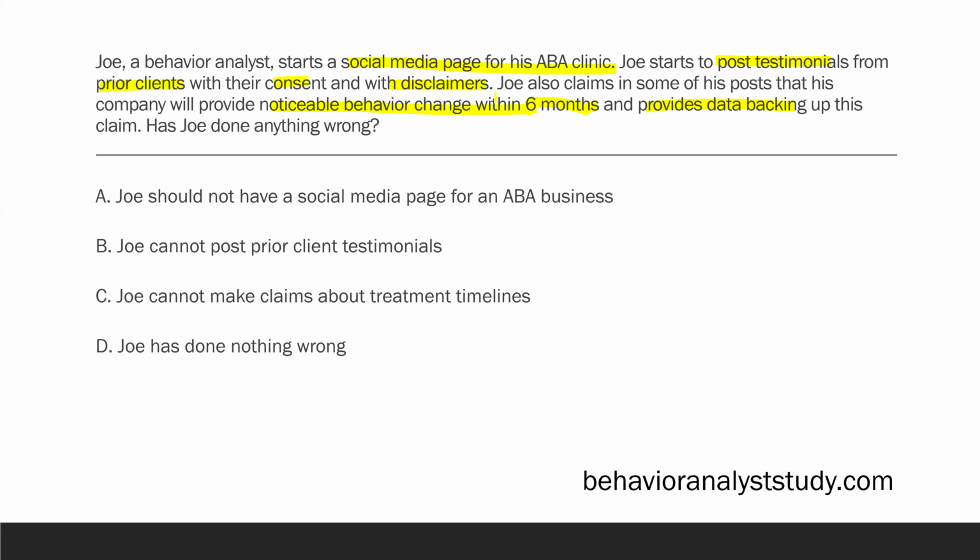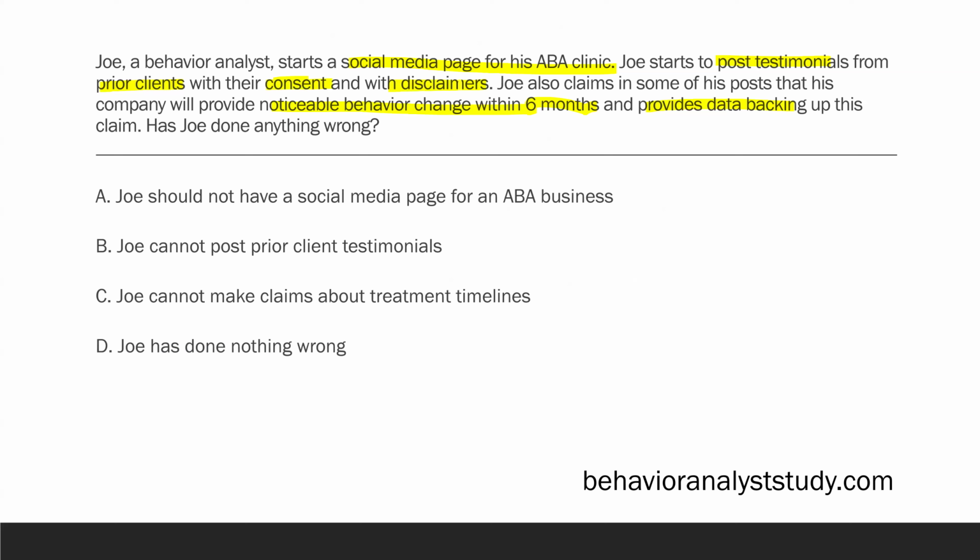And notice how we attack the question and we don't jump to the answer choice. That's the approach you need to take. We already know the answer, and now we can quickly find it. A, Joe should not have a social media page for an ABA business. A professional page is fine within the restrictions of the ethical code. B, Joe cannot post prior client testimonials. In this case, he can. He has consent. He has disclaimers.